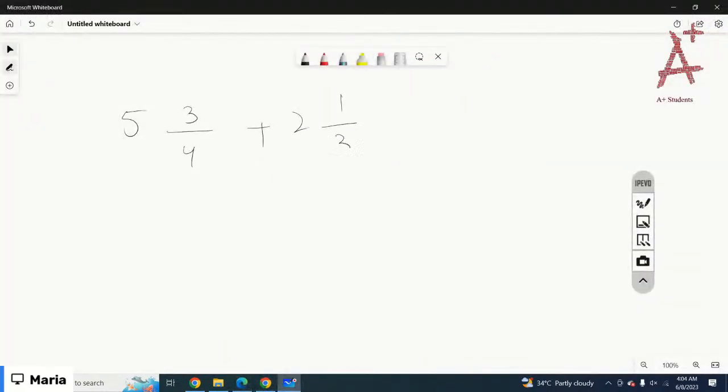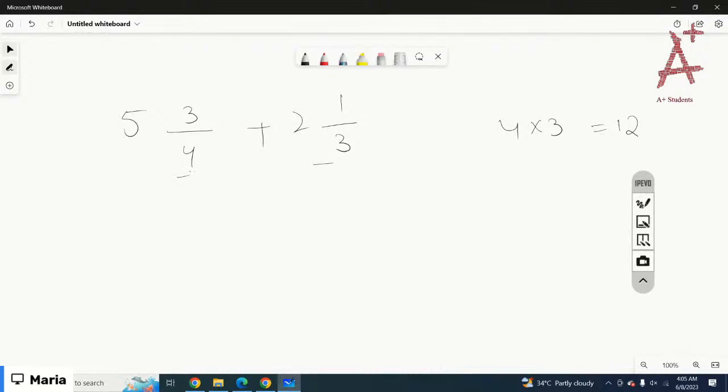Okay, first just look at their denominators. They have different denominators. Got it? 4 and 3. First we have to make their denominators the same. You don't have any common factor for 4 and 3, so the denominator would be 4 times 3 equals 12.